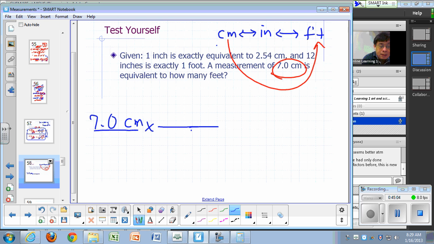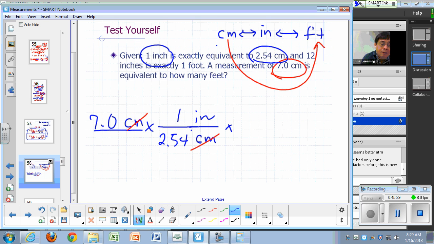And my centimeters is at the top right now. So centimeter goes at the bottom and inch goes on top. So what's the relationship between inches and centimeters? 1 inch is 2.54 centimeters. So 1 inch is 2.54 centimeters. That allows me to get rid of centimeters.